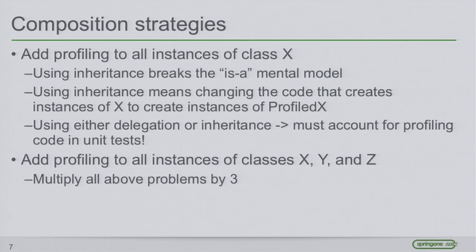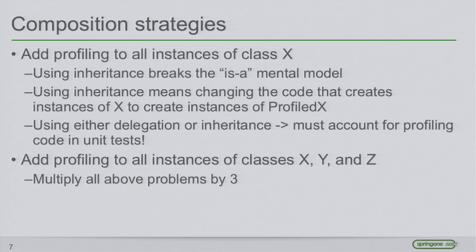I mean, that sounds like something the TSA would do or something like that. But it doesn't really make any sense to have a profiled person in your application, right? There's nothing in your problem domain, most likely, called profiled person. So it breaks the is-a mental model. It also means everywhere that you would have created a person object, you now need to create a profiled person object, or profiled X.